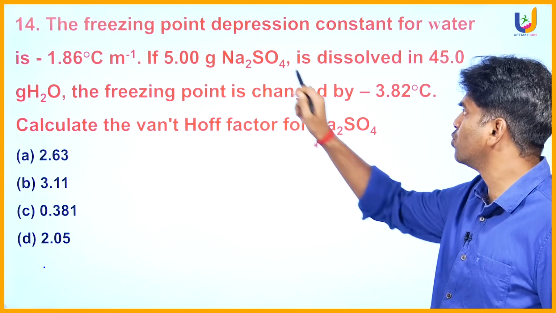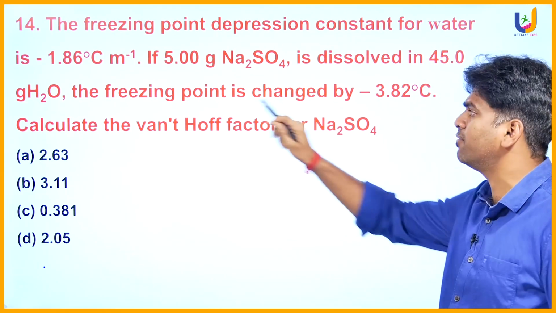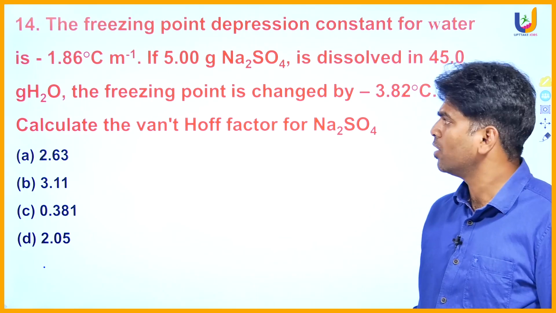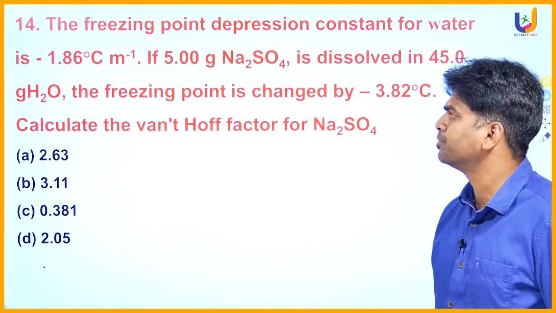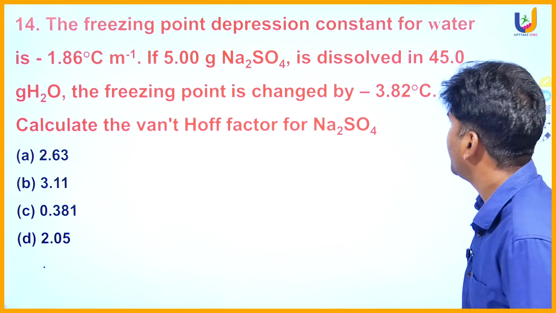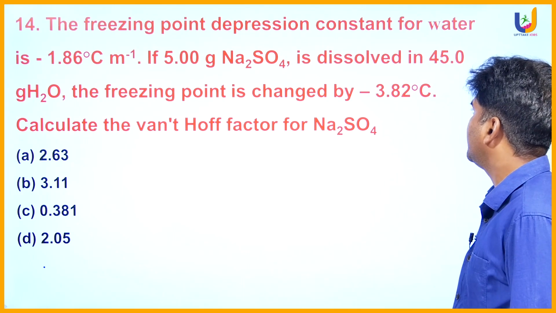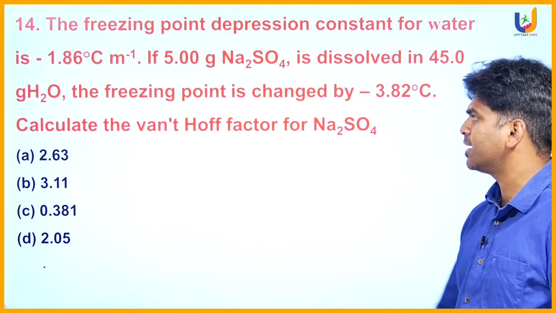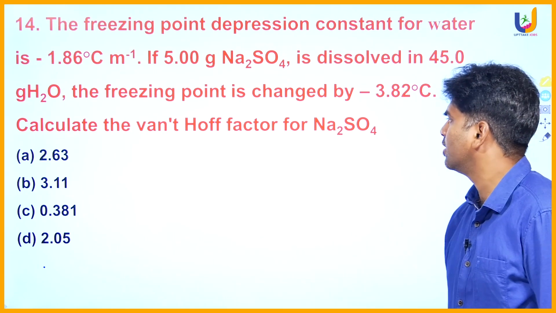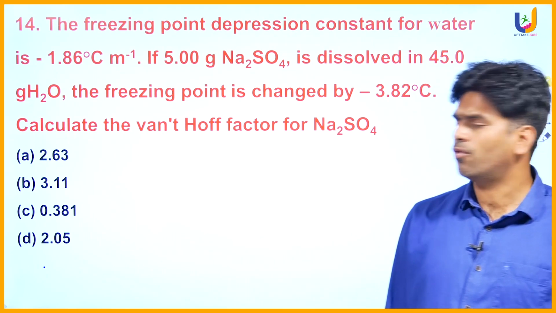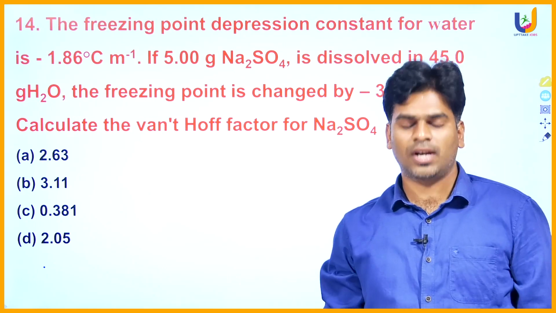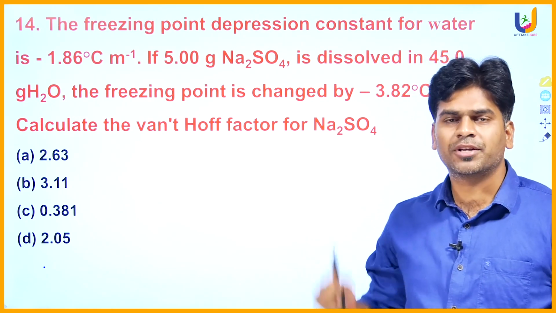If 5 grams of sodium sulfate, the solute, is dissolved in 45 grams of water, the solvent, the freezing point is changed by 3.82 degrees Celsius. Calculate the Van't Hoff factor for sodium sulfate. So let's see the formula for depression in freezing point.